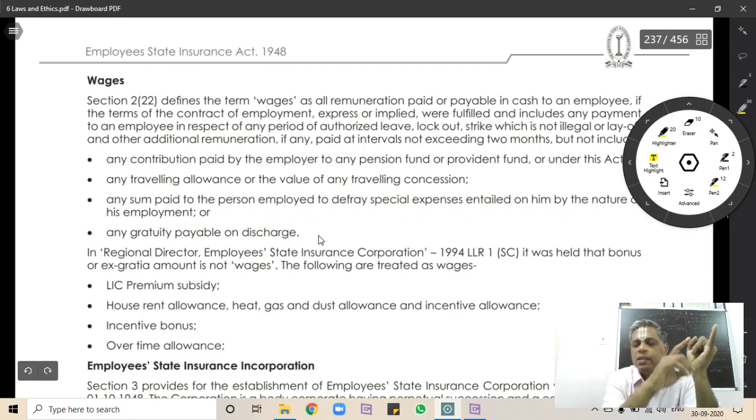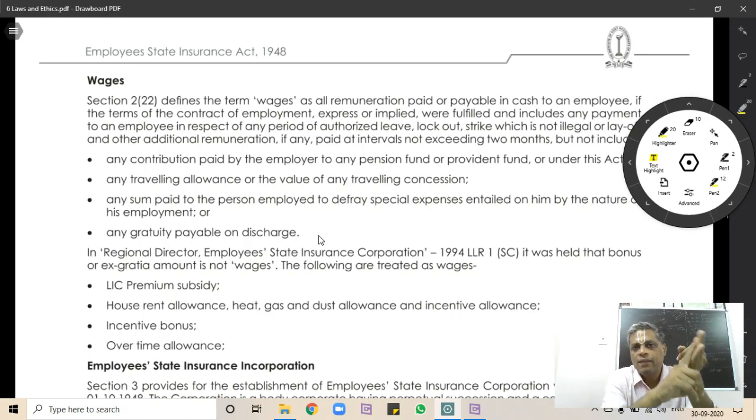Like wages does not include the contribution of the employer to the provident fund or pension fund, any traveling concession or traveling reimbursement, that's an allowance given to the employee, any sum paid to defray special expenses, or any gratuity payable on discharge. So these are all the things which are not part of the wages as defined by section 2 subsection 22 of the Act.